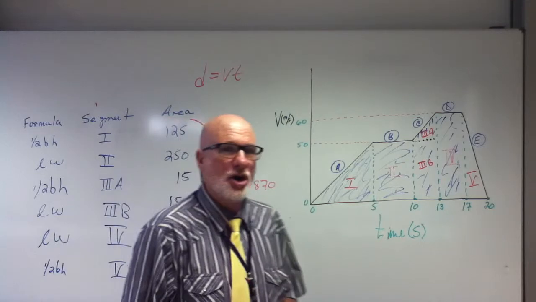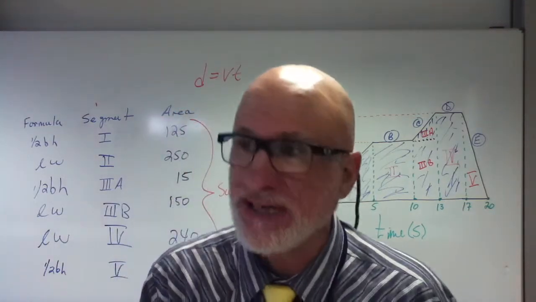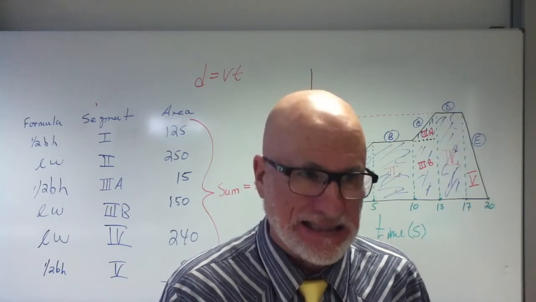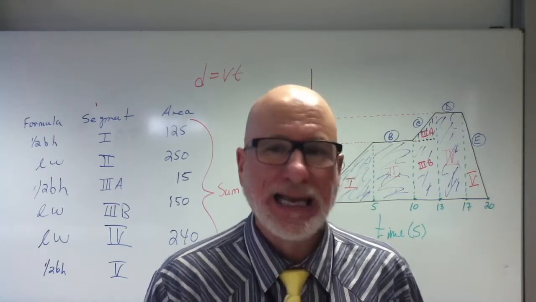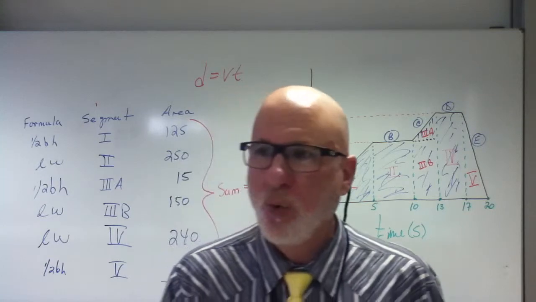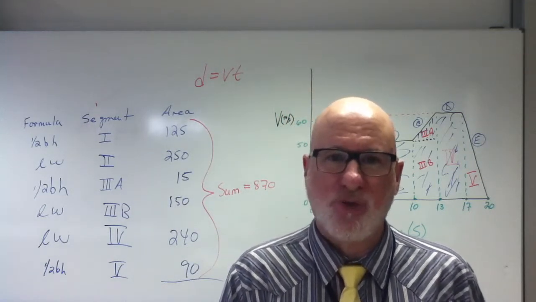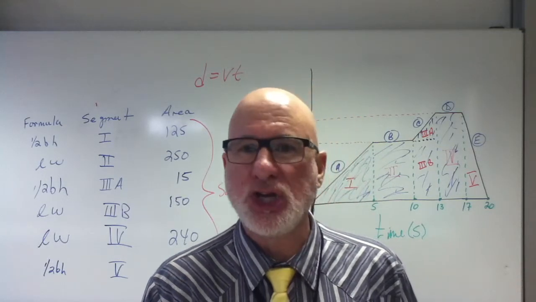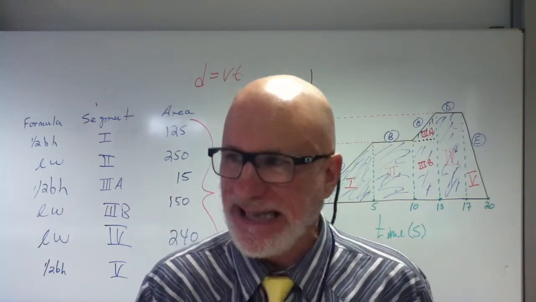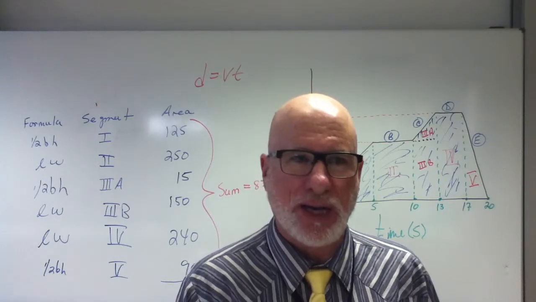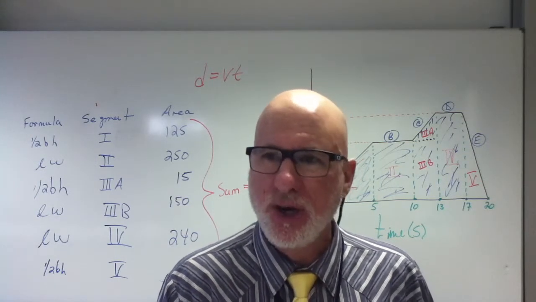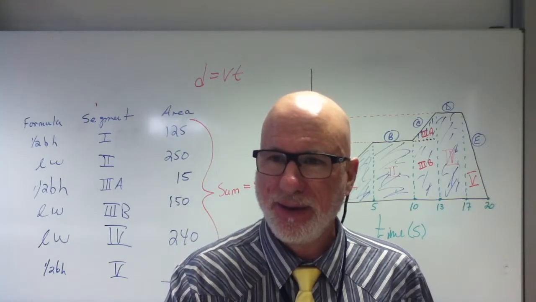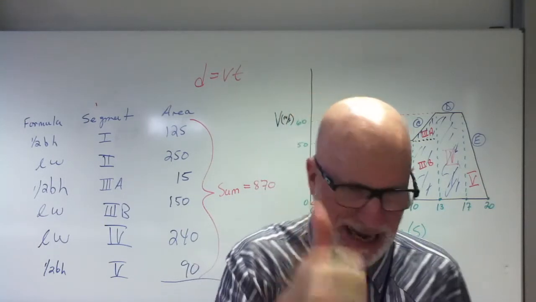Now, what are the unit labels for distance in physics? On the count of 3, I want you to shout. 1, 2, 3. Meters. M for meters. Excellent.